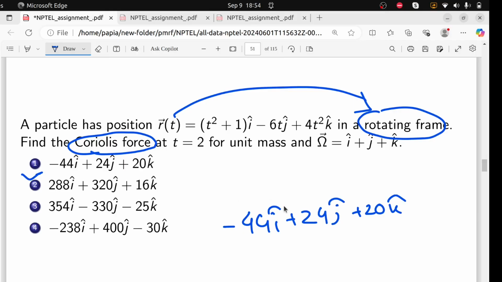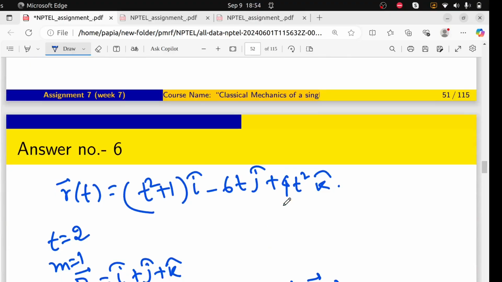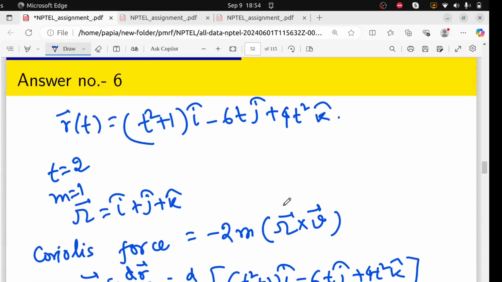So this is the Coriolis force at t equals 2 for unit mass and omega equals i cap plus j cap plus k cap. For that we wrote the expression of r: (t square plus 1) i cap minus 6t j cap plus 4t square k cap, with m equals 1 and omega equals i cap plus j cap plus k cap. The Coriolis force is minus 2m omega cross v.